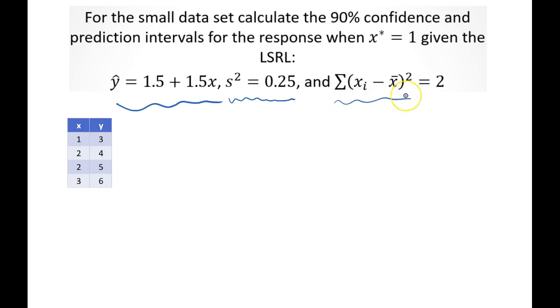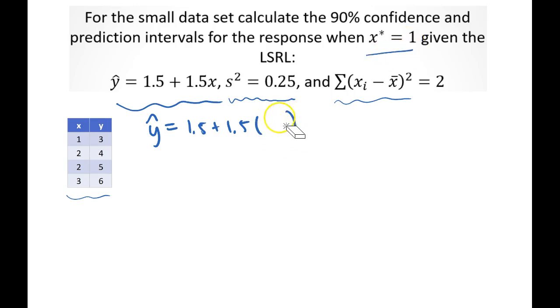We could have easily calculated all of these values just based upon this data, but we're not going to in this problem. We have done it in previous examples. All right, so the first thing we want to do is calculate just our point estimate. We can do that by calculating y hat is equal to 1.5 plus 1.5 of our x new value, which is equal to 1.